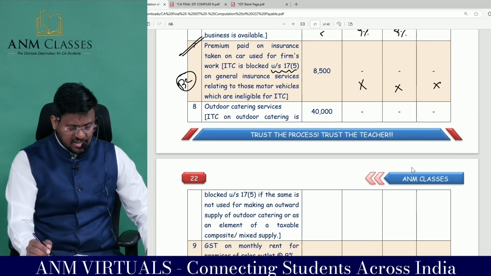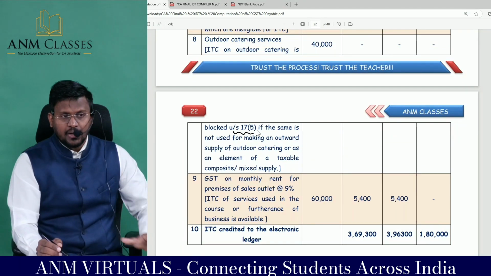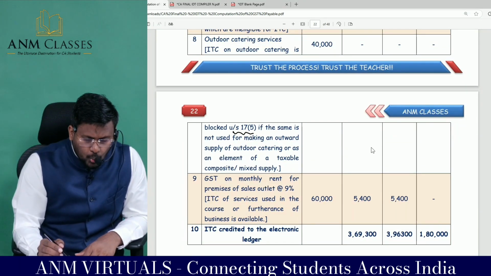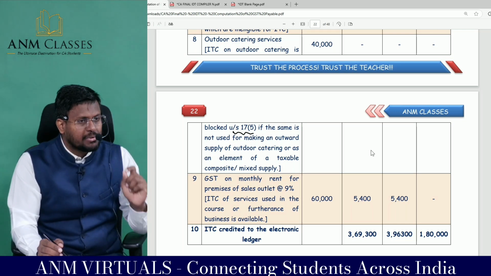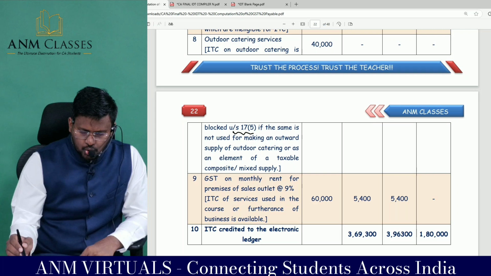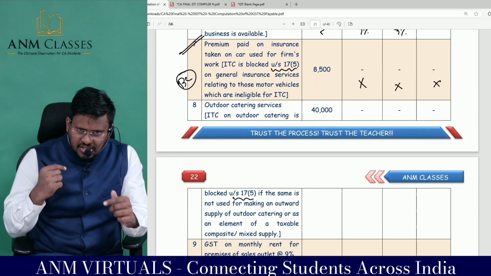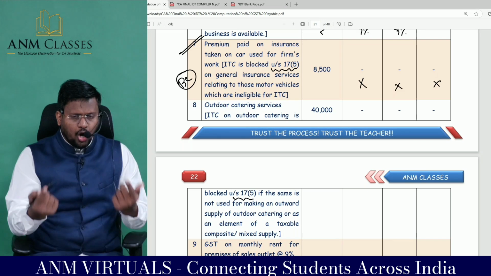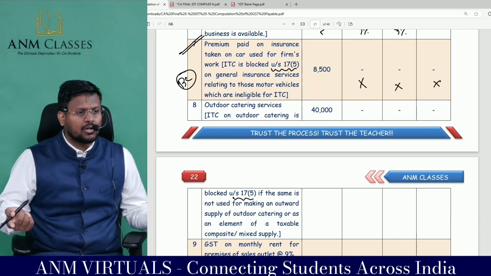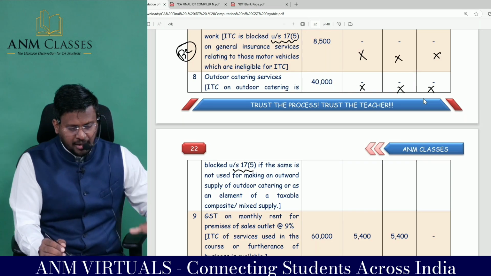Outdoor catering services: ITC on outdoor catering is blocked under 17(5) if the same is not used for making an outward supply of outdoor catering, that is a similar line of business, or as an element of a taxable composite supply. Since here it has been used for consumption, not for further outward supply, or not to provide a taxable composite or mixed supply, my dear lovable students, whatever GST is paid on outdoor catering services cannot be taken as ITC.